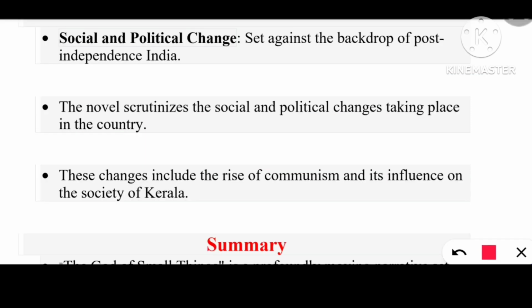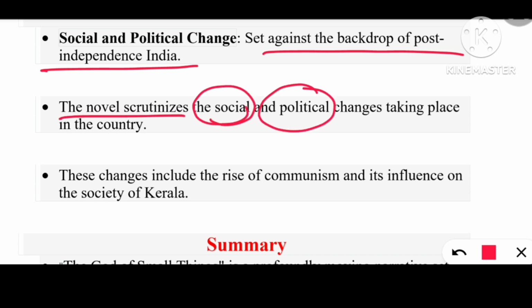In the last theme, we see social and political changes. We know that this is written against the backdrop of post-independence India. So the novel scrutinizes social and political changes after independence. What kind of changes occurred, whether they were positive or degrading.